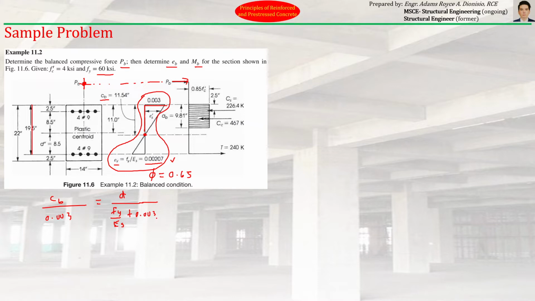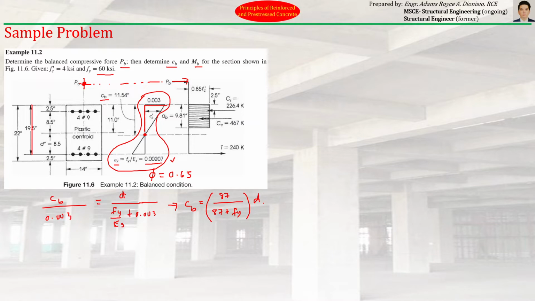Or you can use the formula we derived a while ago, since the same result will come out. cb is just equal to 87 since we are in US customary units. So don't be confused; you should be well-rounded in both systems of units.